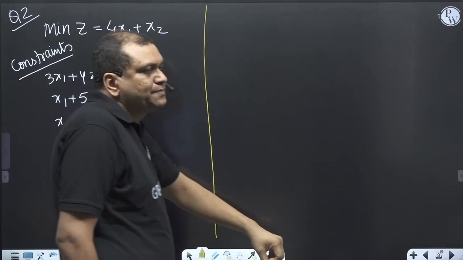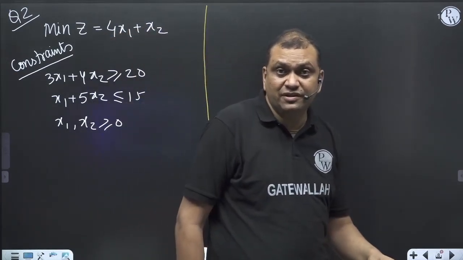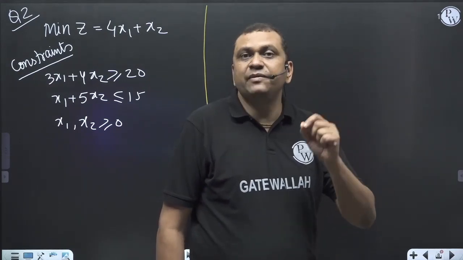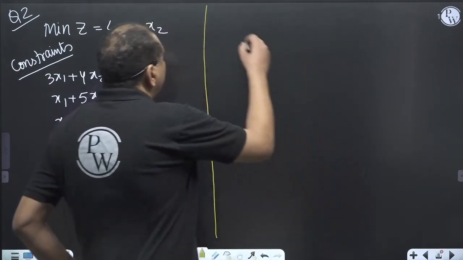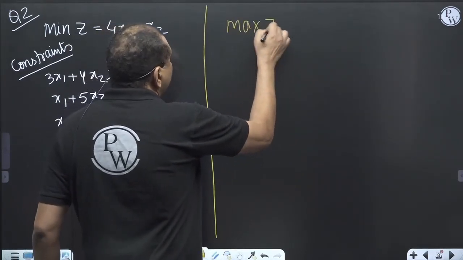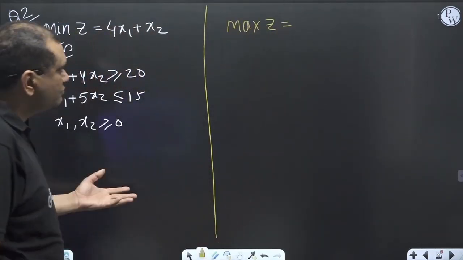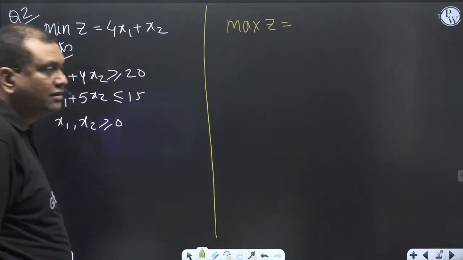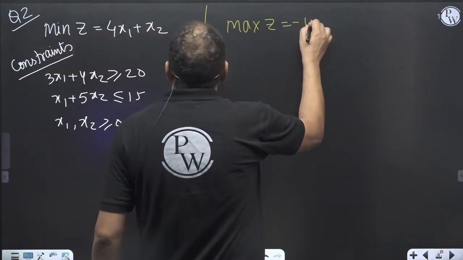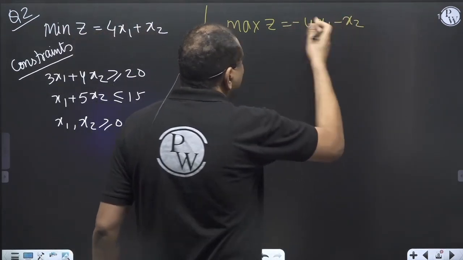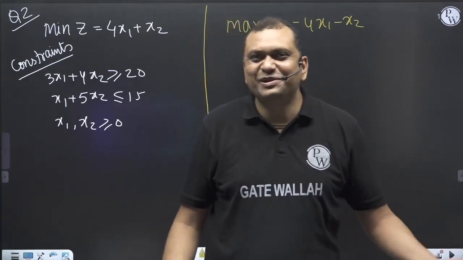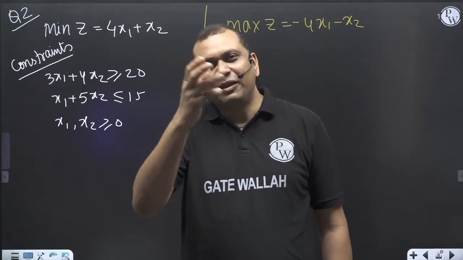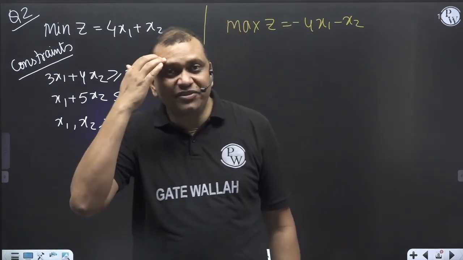To begin the normal simplex procedure, my objective function should be a maxima one. So maximum z is nothing but, subtract by -1, so minus 4x1 minus x2. This becomes maxima. So loss becomes profit, profit becomes loss by adding a negative sign. Correct? That's the way we do it.